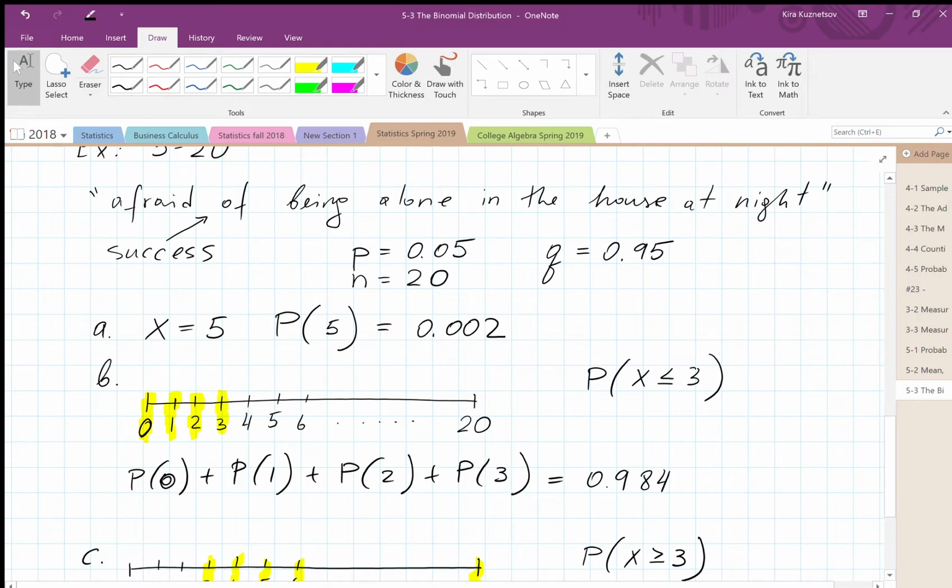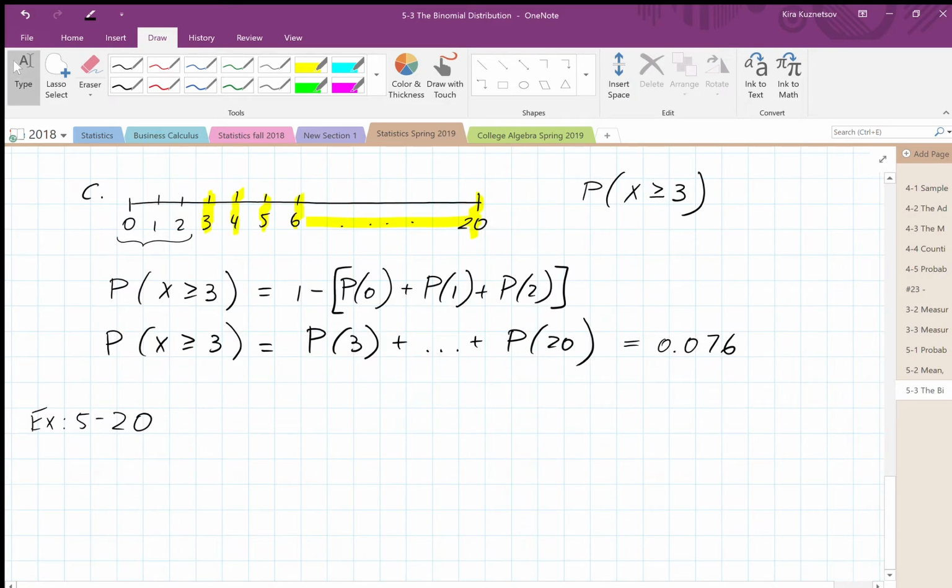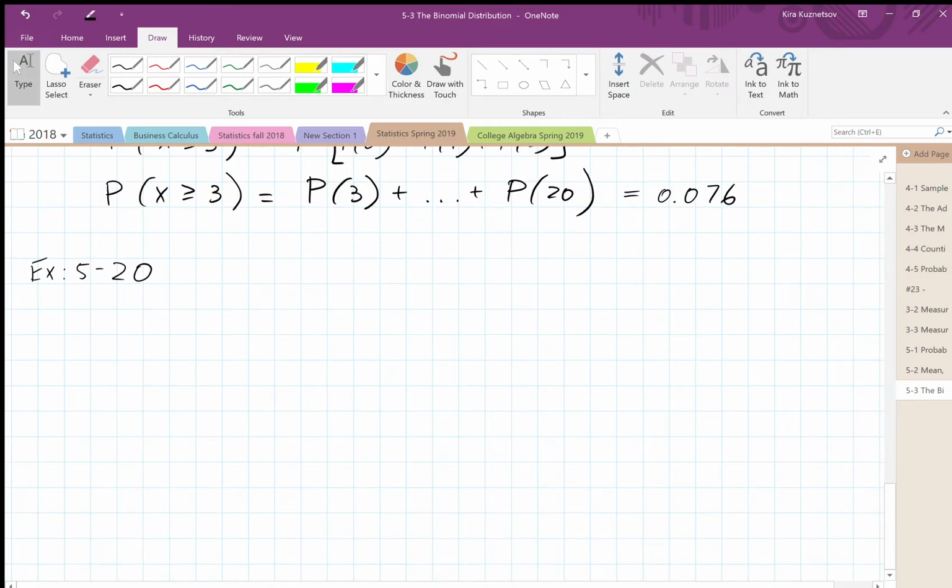You know that the probability of exactly 5 is 0.2. We don't know too much information, so this is going to be more of a sketch than a graph. But I know it starts with a 0, ends with a 20, and it'll probably look something like this.